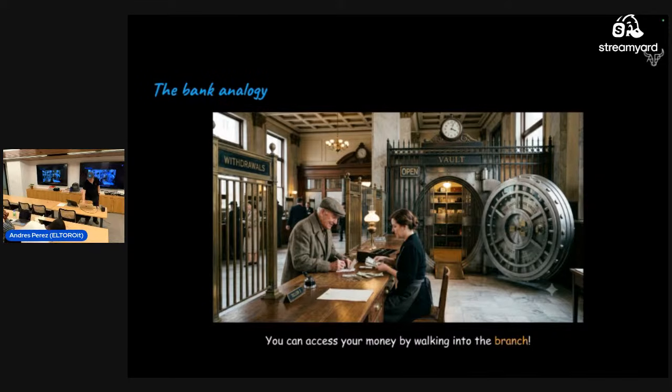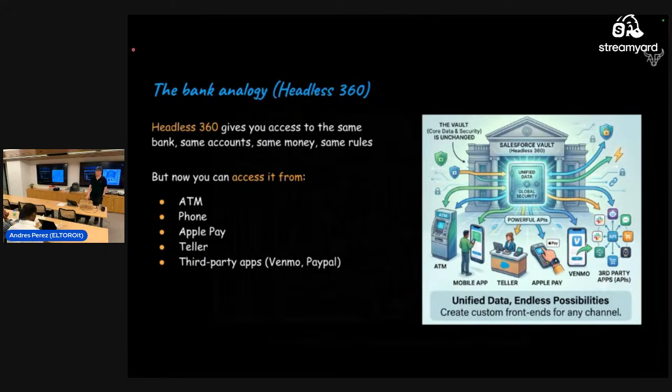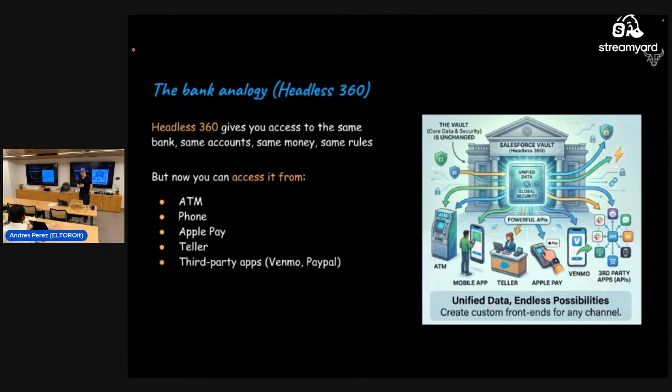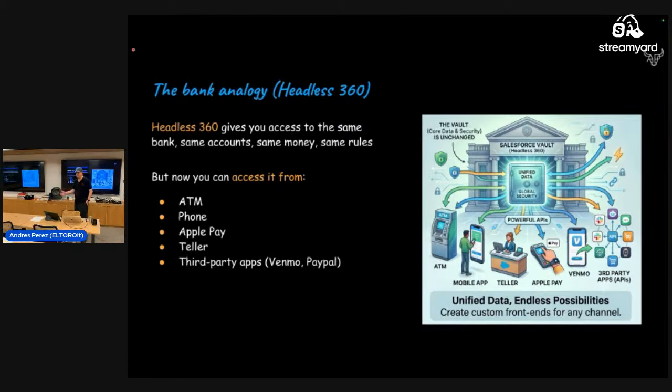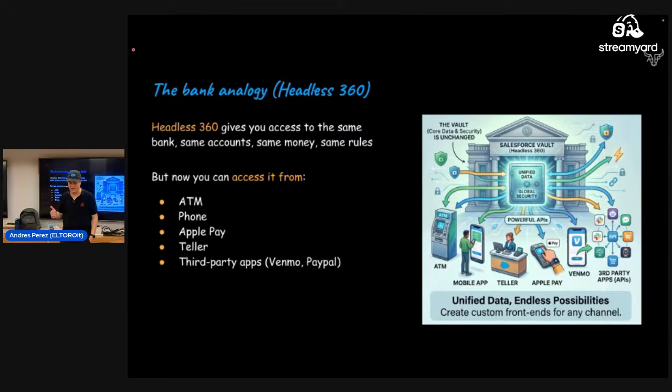With Headless 360, things change quite a bit. The same security, the same governance, the same rules, the same accounting system or whatever they use for banking system, I guess I should say. But now you can use it for an ATM, a phone, Apple Pay. You go to a teller, of course, like you've always had. Different apps like Venmo, PayPal, whatever.